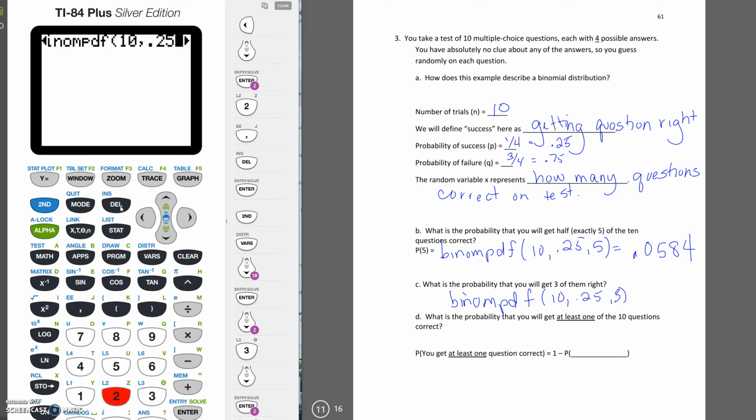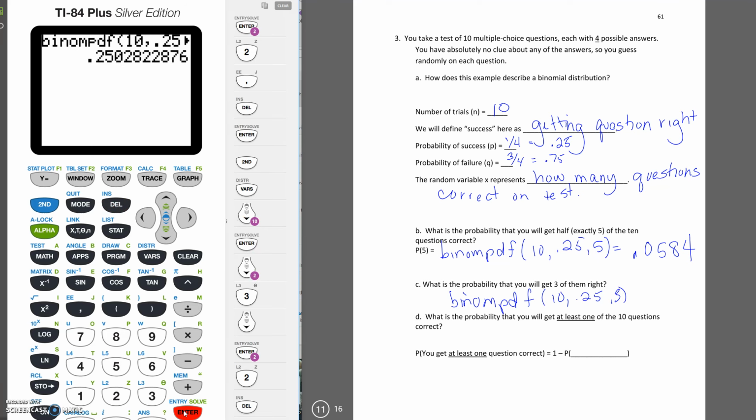Oh, somehow I got an extra period in there. Okay. So here, 0.2503. So about a 25% chance that you'd get 3 of them right.